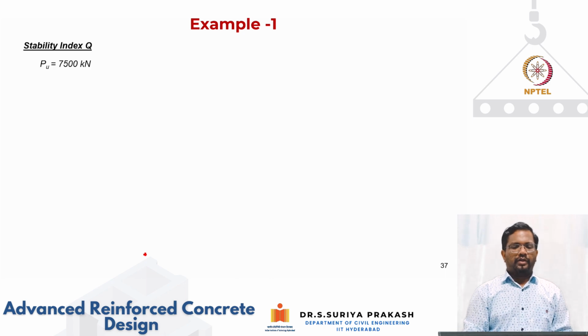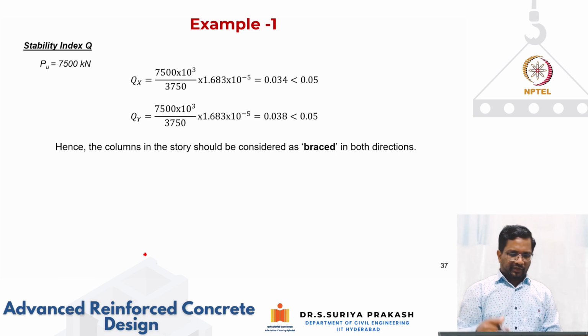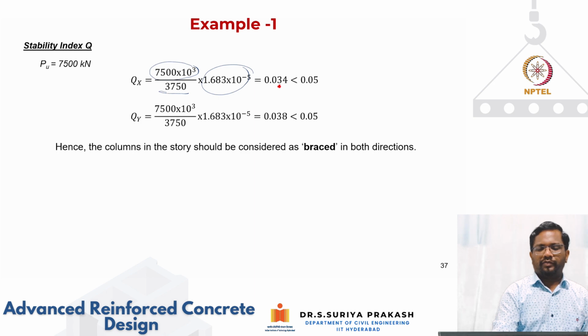Now that we have these values, I can calculate the stability index about both directions. In the x direction, PU is 7,500, it remains the same. Height of the story is 3,750, and with the lateral flexibility, you find that it is 0.034. Similarly, for the y direction, flexibility is higher.